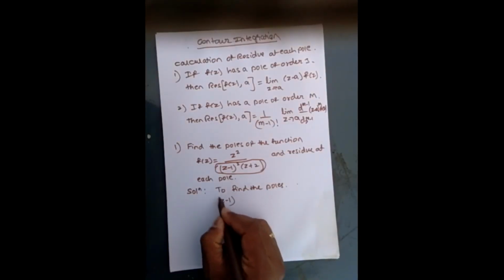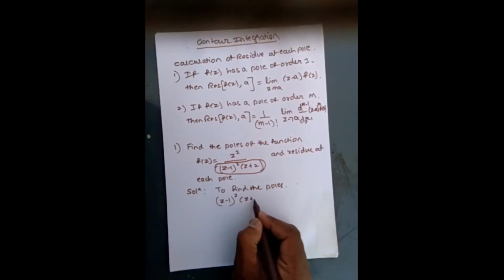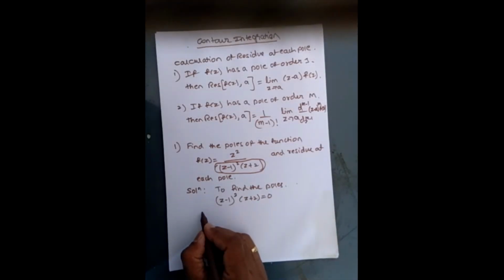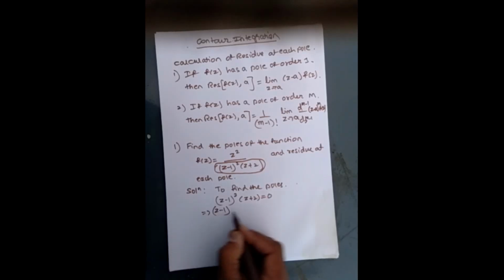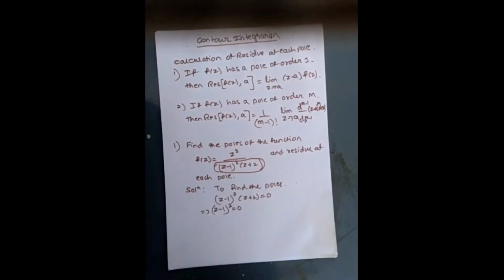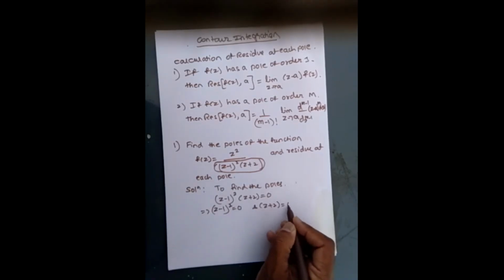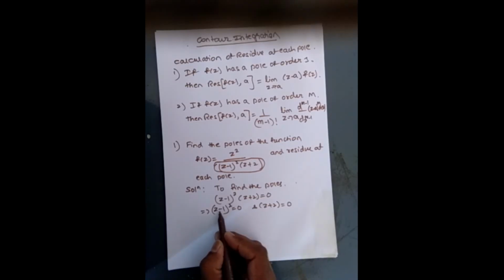So that is (z minus 1) whole square into (z plus 2) is equal to 0. This means that (z minus 1) whole square is equal to 0 and z plus 2 is also equal to 0.